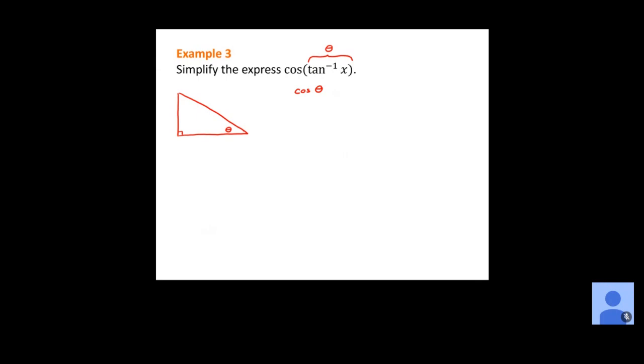Okay, good. So tangent gives us the opposite over the adjacent. We could think of x as x over 1. So now we know the opposite is x. We know the adjacent is 1. Perfect.